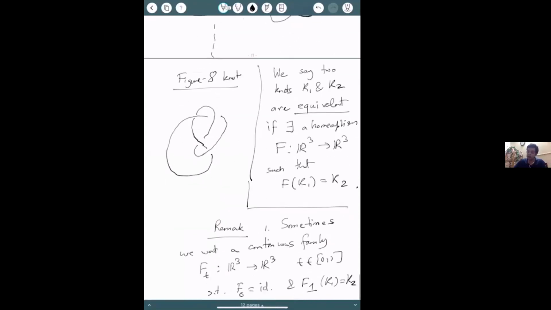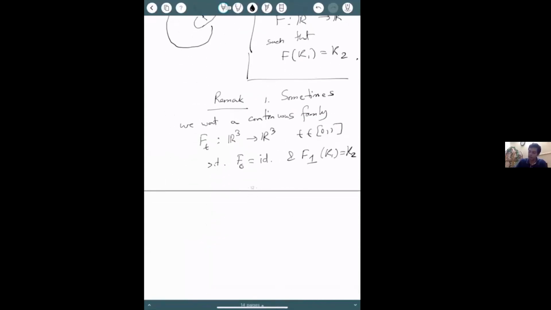So for example, if you take something that looks like this, call it K1, and you look at this unknot, you can imagine twisting it so that it becomes an unknot.